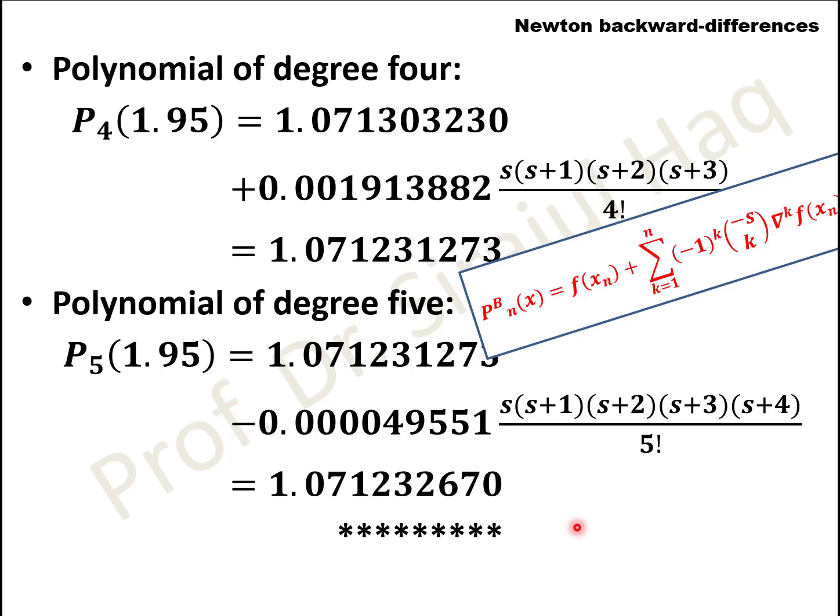So you can replace your data by the polynomial, and then you can study according to your choice what you are looking for. And also you can do the interpolation. So I hope the points will be clear.